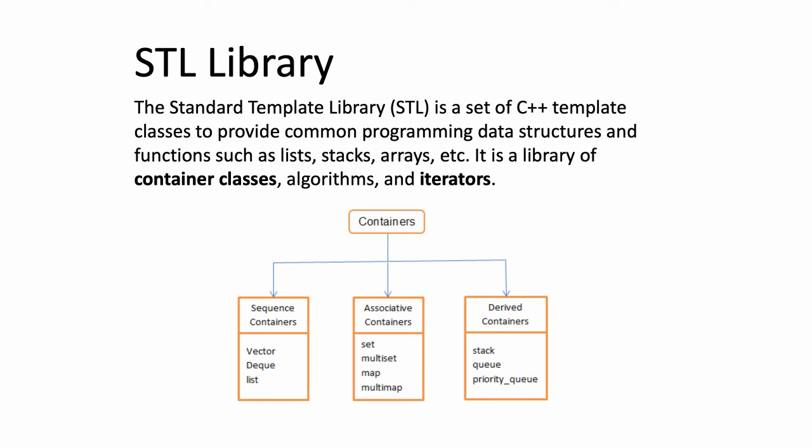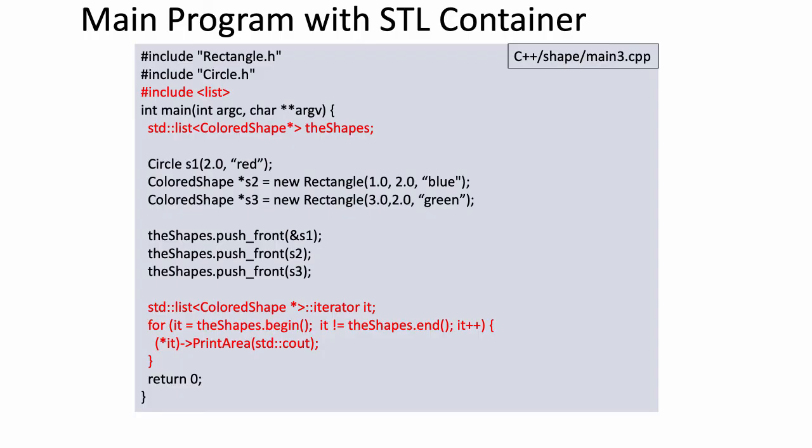Let's look briefly at the STL. The STL provides some data structures. Those data structures, such as lists, stacks, arrays, etc., provide a bunch of container classes, algorithms and iterators for you to use in the program. I'm just going to demonstrate with one. I'm going to use the list.